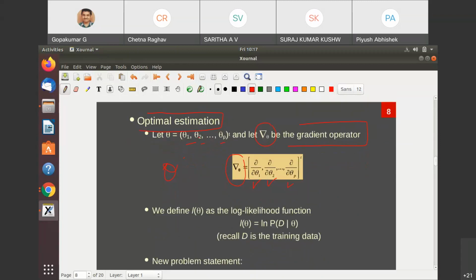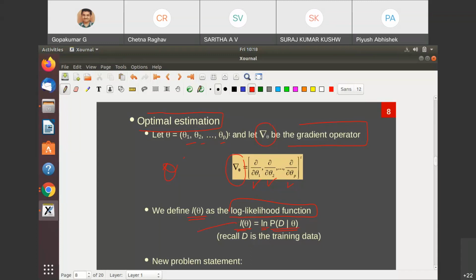We have also defined the log likelihood function. Assume that we represent it using L of theta. So L of theta is the natural logarithm of the probability of D given theta. Likelihood is the probability of D given theta, and that is a function of theta, so that's why we represent it using L of theta.